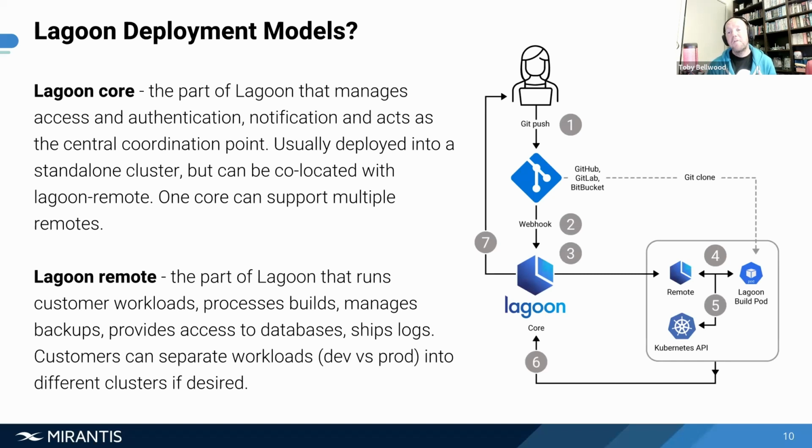But then core drives remotes, and in most cases, you'll find that people run multiple remotes off a single core, and that could be because you've got different customers who have different requirements. You can run an AWS, an on-prem, and a Google Cloud remote all off a single core. Some people run production and development workloads in different clusters. Some people split workloads across clusters. It's a very flexible model.